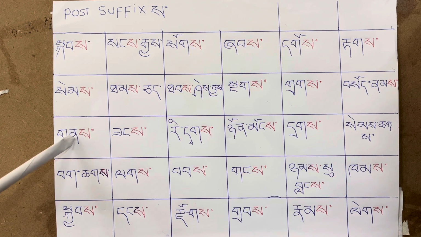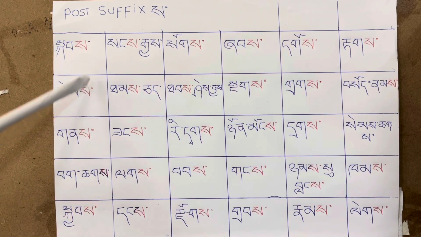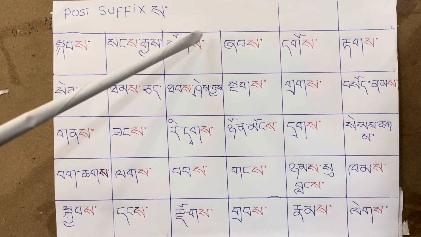This is the root letter. The root letter should be followed by a suffix, not a post suffix. So this is not a post suffix, this is a suffix. Like this one, this too is a suffix. This is a post suffix. All these are post suffixes.